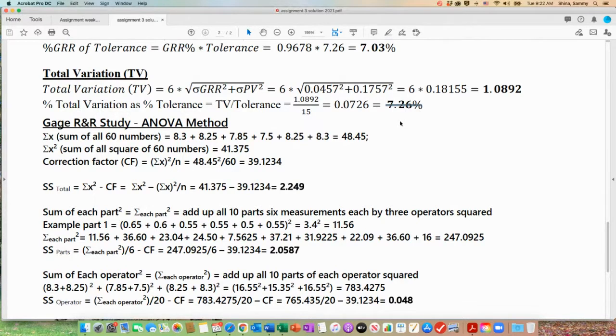Although they are within the error, the difference between operator to operator is significant. So we want to make sure that there's training involved. Then we look at the percent variation of the tolerance. Of course, that's a very wide tolerance, considering the measurement system. So anyhow, that just gives you an idea of the way these numbers spread.